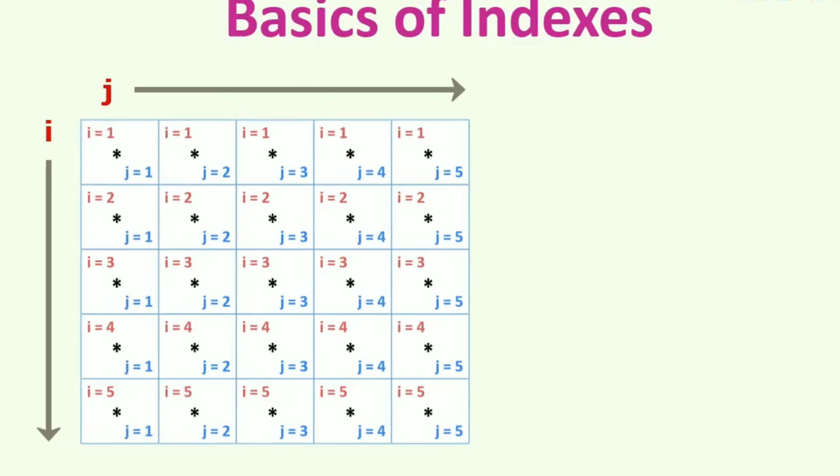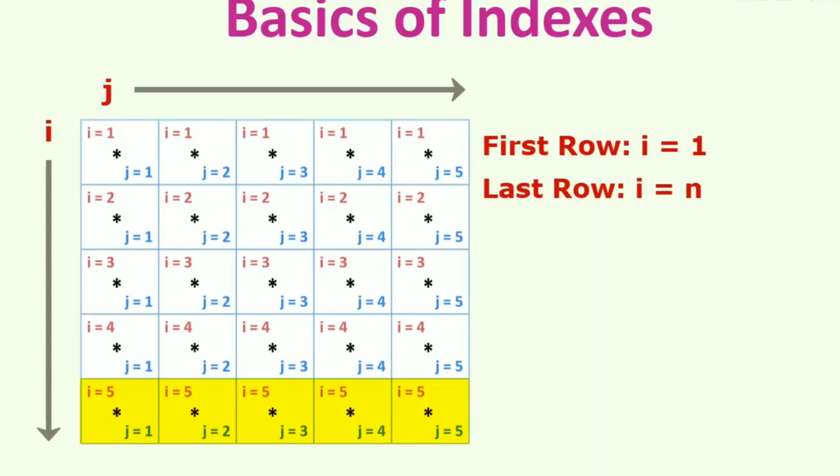Now in pattern programs, you would be asked to print only some specific stars from this square. Means you should know how to quickly identify the i and j indexes you need to use. So if you are asked to print only the first row, it means print where row index i is equal to 1. And if it is the last row, it means print where i is equal to n or 5.